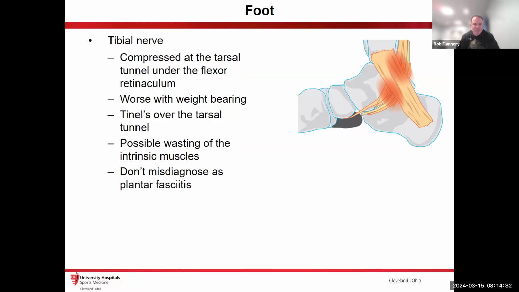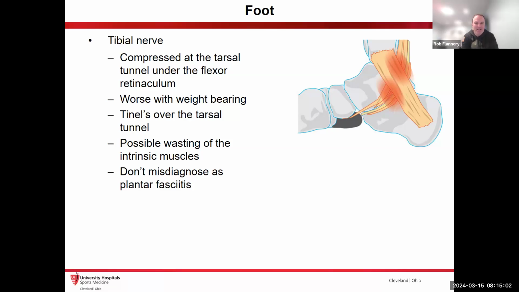I get asked to inject a lot of these, especially in people that have had traumatic fractures, either of the calcaneus or foot. A lot of the people that have any kind of hardware through the calcaneus or the talus will get some discomfort, and they ask us to see if it's coming from the retinaculum, whether there's some sort of tarsal tunnel here.